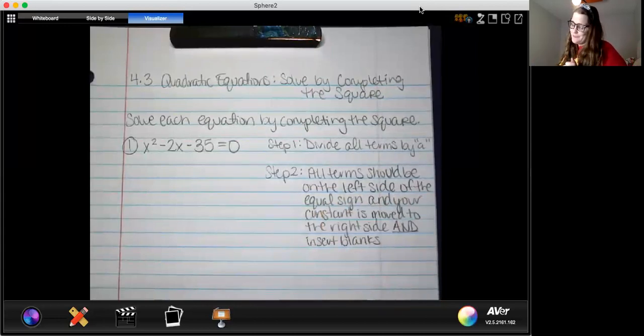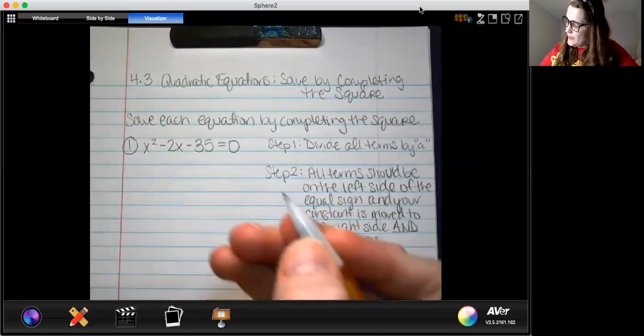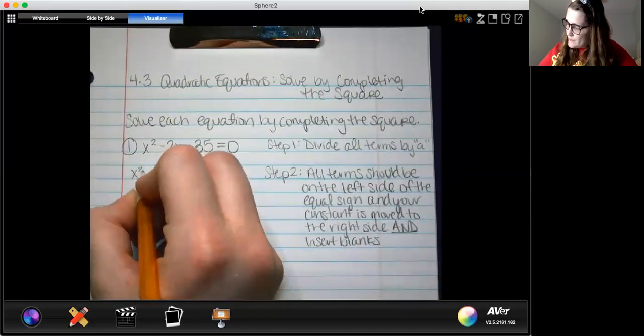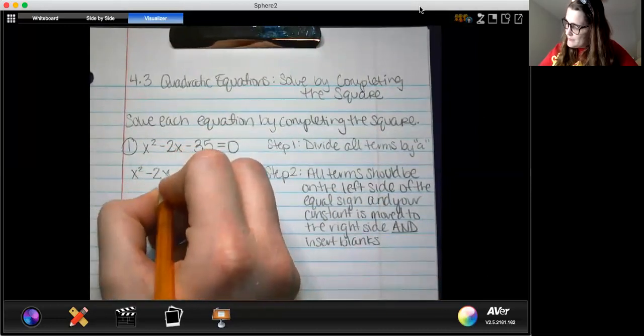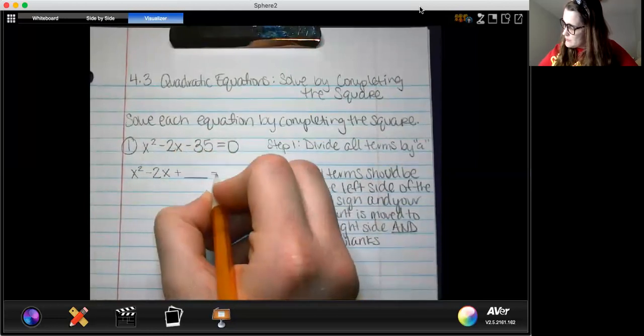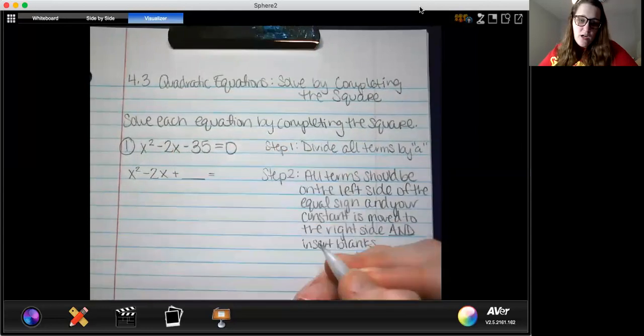So, long step written: all terms should be on the left side. I guess not really all terms. All variable terms should be on the left side of the equal sign, and then your constant is on the right side, and you will have blanks. So how does that look? That looks like x squared minus 2x plus blank equals, and we're going to move our constant to the other side.